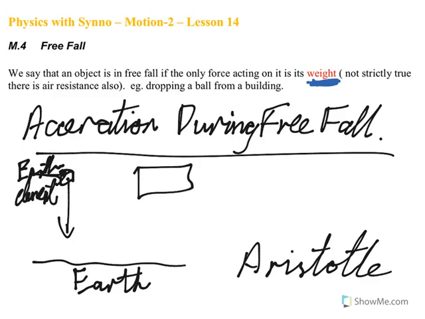And so then if you had a bigger one, it would fall down faster because it had more Earth element.